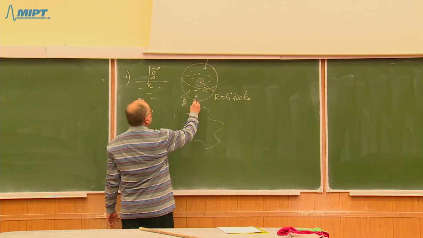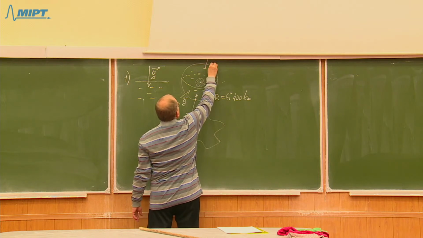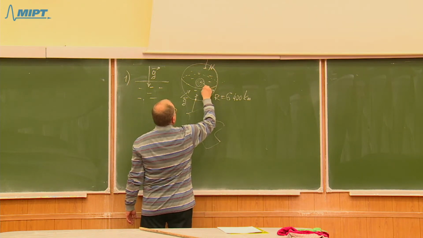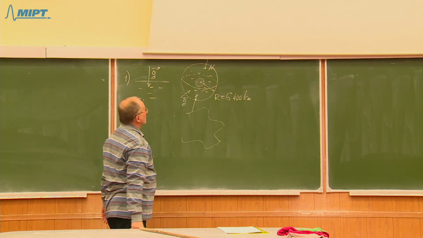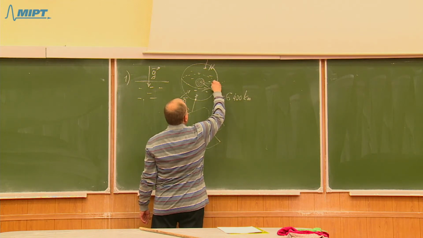It is directed to the center at the south pole, at the north pole, and on the points of the equator. The vector of free fall acceleration will be directed towards the center of the planet.